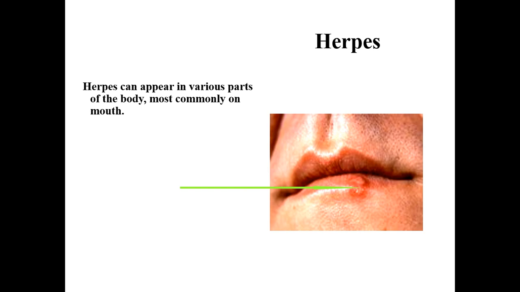Herpes virus. Herpes can appear in various parts of the body, most commonly on the mouth. Herpes simplex viruses belong to the alpha subfamily of Herpesviridae. They are extremely widespread and exhibit a broad host range, can infect many types of cells and different animals. However, the human herpes viruses infect only humans.